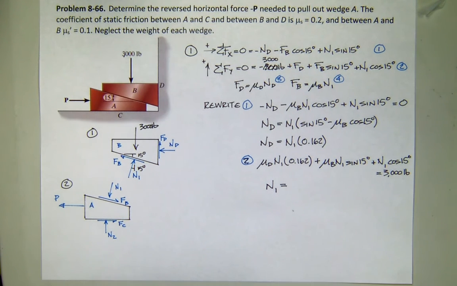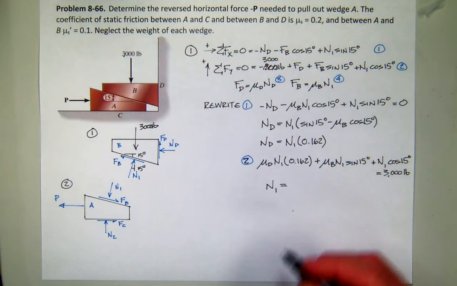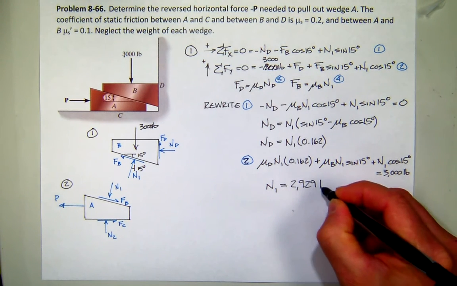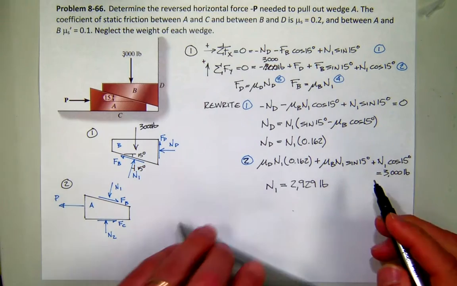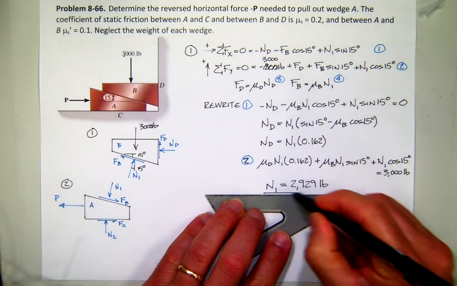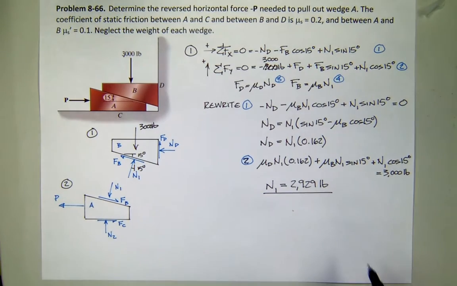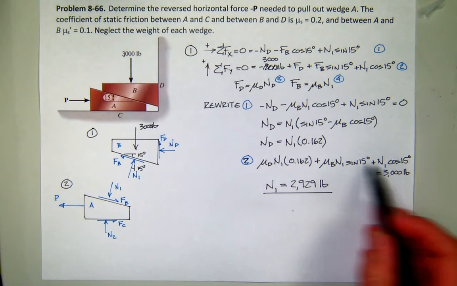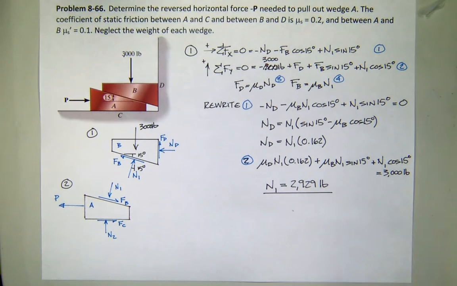I got 2,929 when I solve for N1. I just calculated all these coefficients, added them together, and then divided both sides by that. I think that looks reasonable.